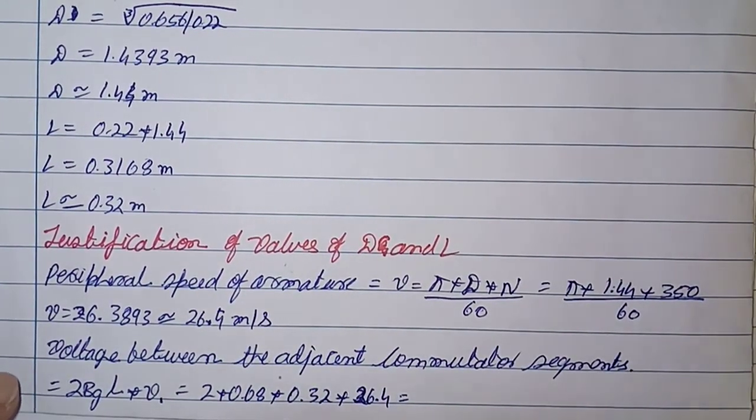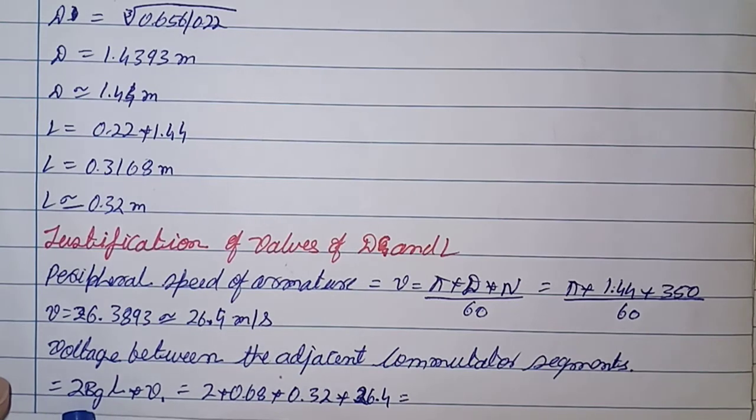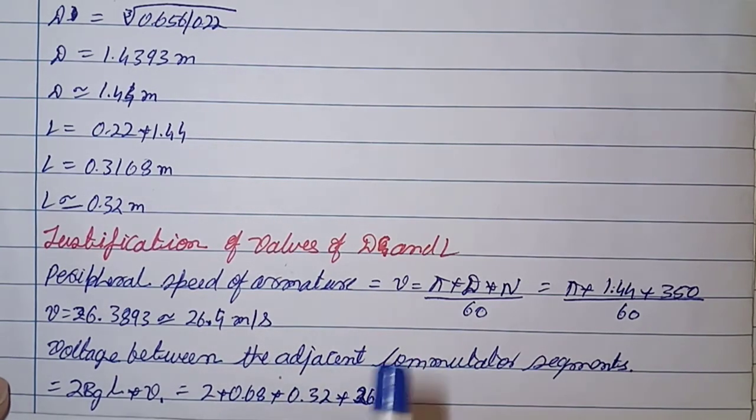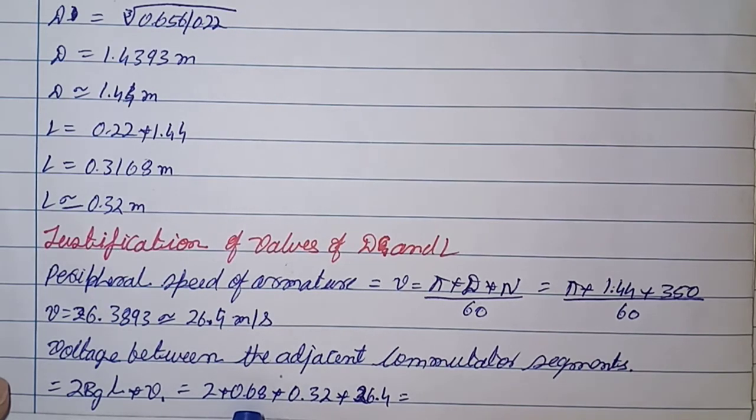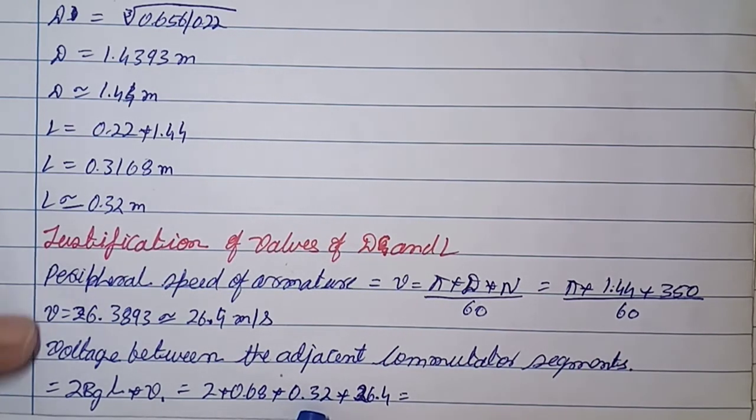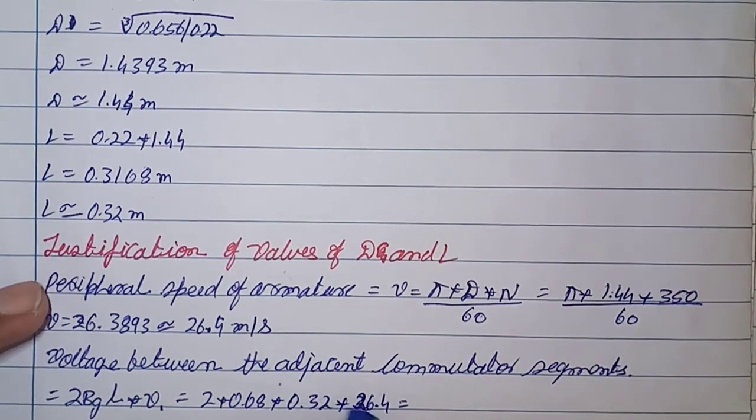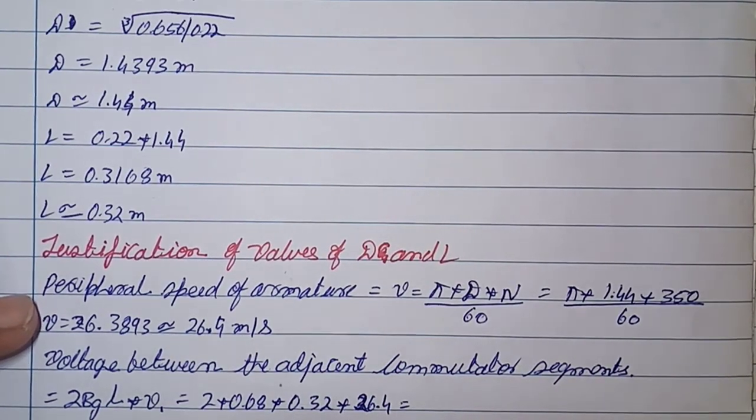Next we have the voltage between the adjacent commutator segments. That is given by 2 B_av L into V, where V is the speed. So it is 2 into 0.68 into 0.32, the length, into 26.4, the speed.